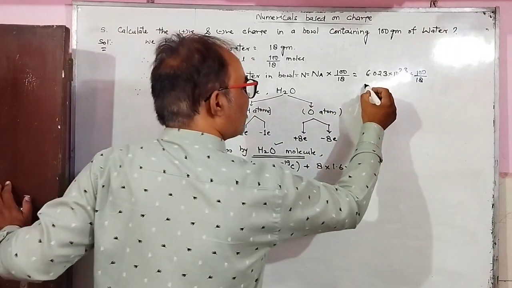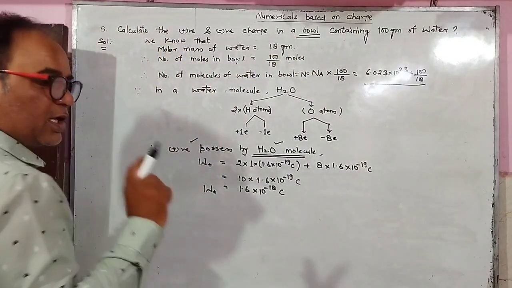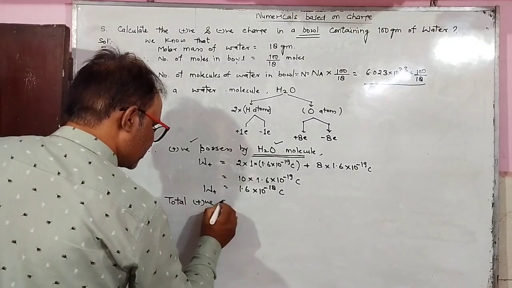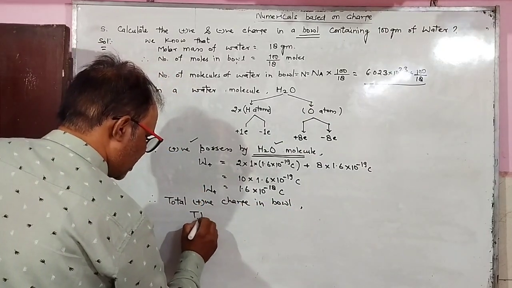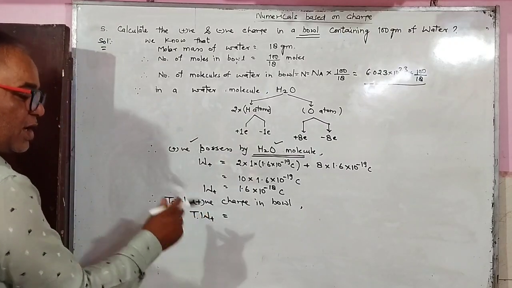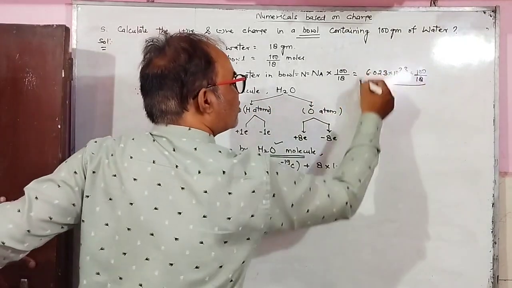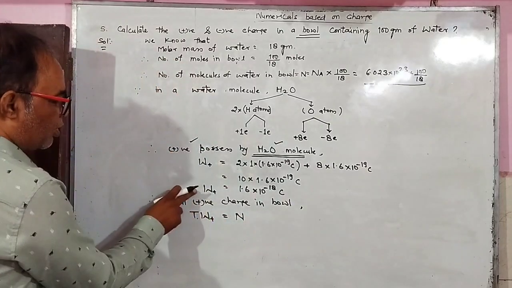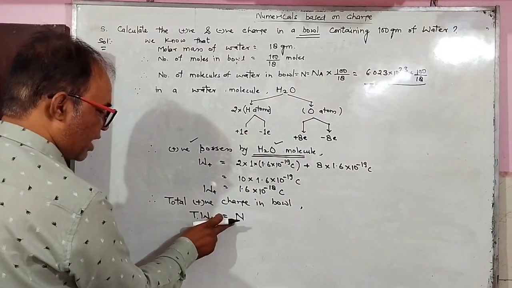Since we have this much number of molecules in the bowl, therefore the total positive charge in bowl, we are just mentioning it as W plus, is equal to यहां जो चार्ज आप निकालोगे वो क्या होगा, Q इक्वल टू n वाला फॉर्मुलेशन हम इंप्लीमेंट कर रहे हैं। We have just calculated एक मॉलिक्यूल का हमने निकाल लिया, we have इतने सारे मॉलिक्यूल्स हैं बाउल में, तो टोटल पॉजिटिव चार्ज इससे मल्टीप्लाई कर देंगे। n मॉलिक्यूल्स हैं, एक पर इतना चार्ज है, तो टोटल चार्ज कितना हो गया, n into W plus.